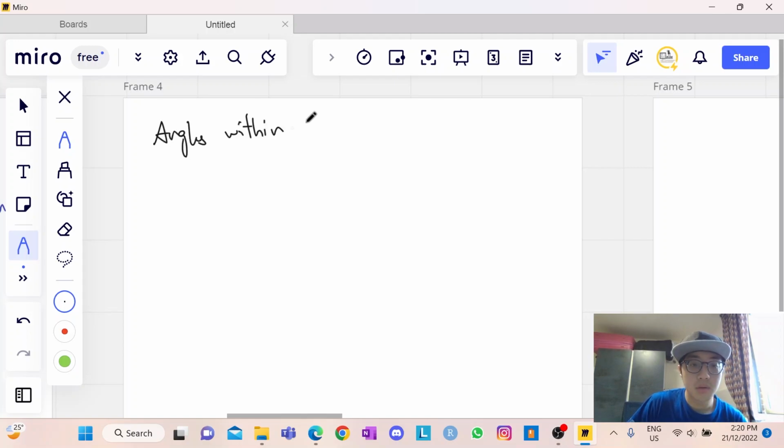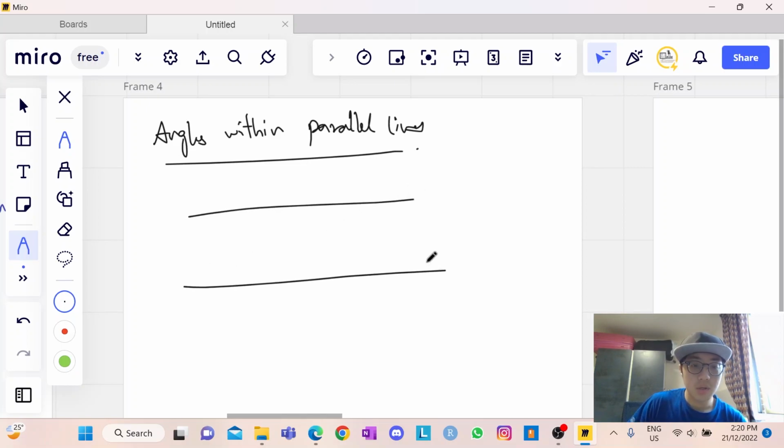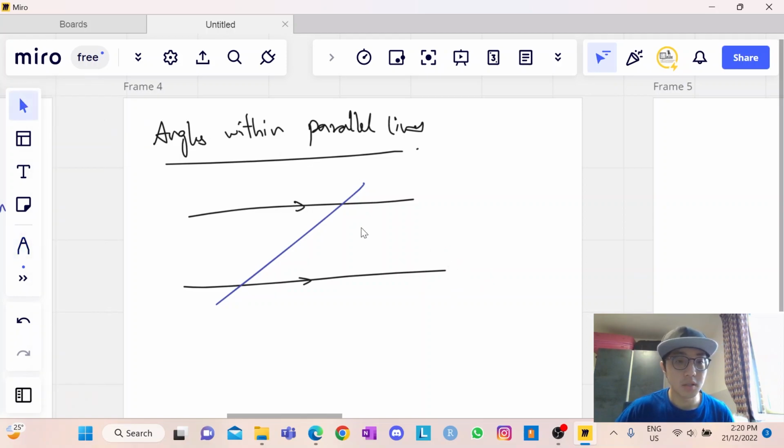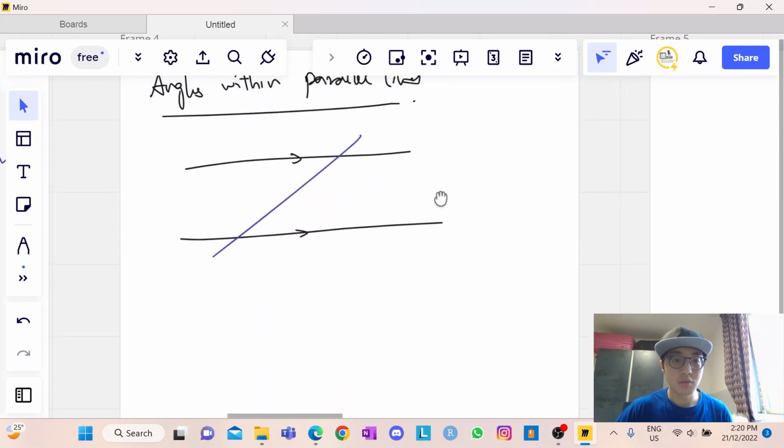When you have two parallel lines, and you draw a line intersecting both of them, there are some angle properties that you can actually see from here. If you get a question asking you to look for angles, the most common case you will see is within two parallel lines.